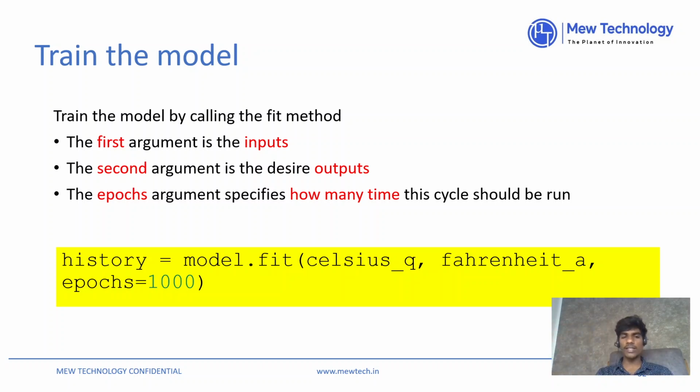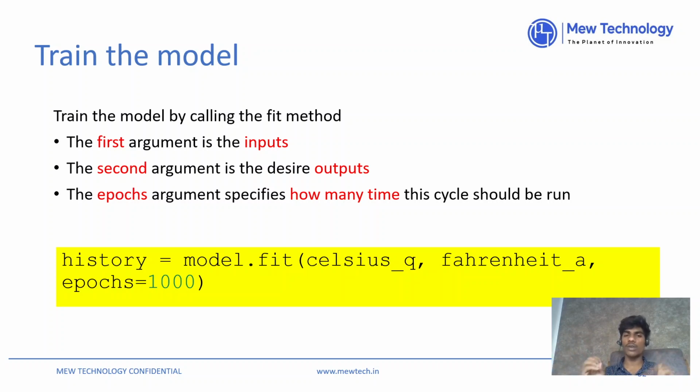Here I initialize 1000. What has happened here? This process is running 1000 times. The first time it goes to the model, predicts the loss and optimizes the loss. The second time it goes to the model, predicts the loss and reduces the loss again. This happens a thousand times.